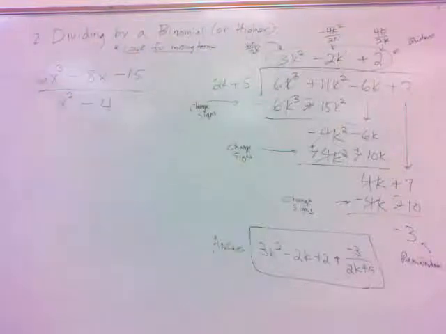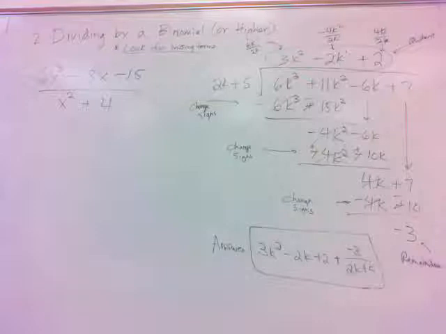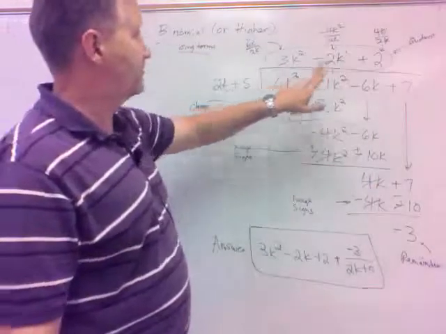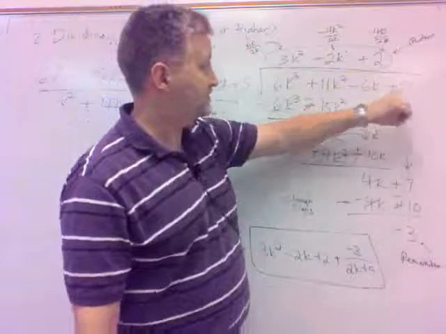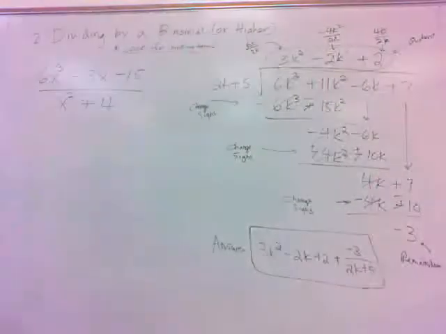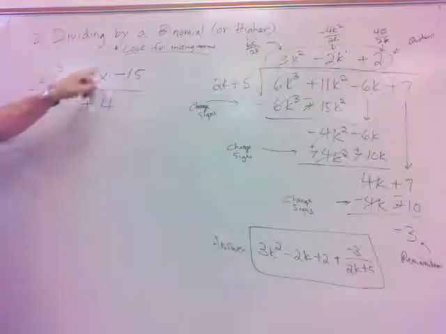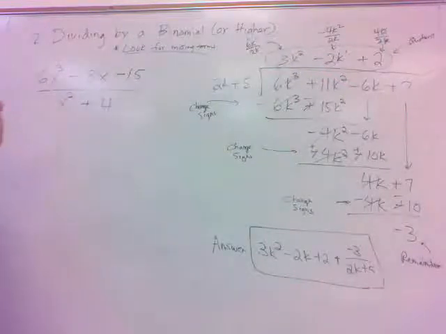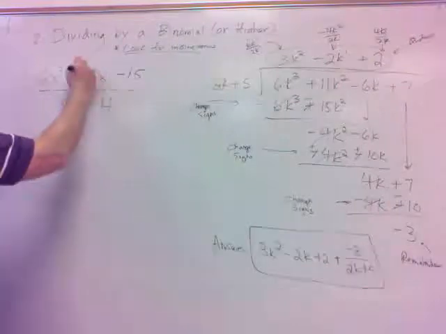Just so happens I have a couple of missing terms here on the top. By missing terms, I mean, when I was doing this one, I had k cubed, k squared, k to the first, constant. Doesn't quite flow that way on the top here, does it? Because I've got x cubed and then x, and then what's missing? X squared is missing, okay? X squared is missing here.